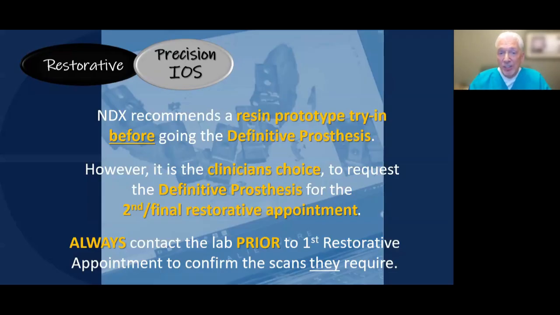I'm going to show you the ideal way to help ensure that you get optimum results. It's not saying that if your lab is doing something different, they're not doing it right. Just as long as you're working with a lab that does this routinely and not experimenting with you, you're going to be fine. The key is just to work with the laboratory, know their protocols and requirements, and you're going to be just fine.